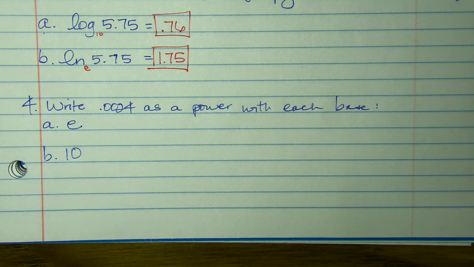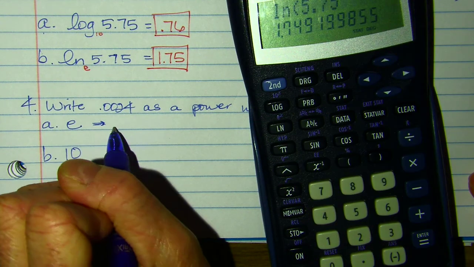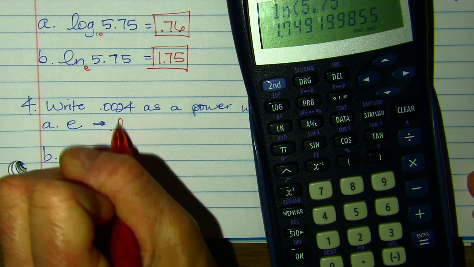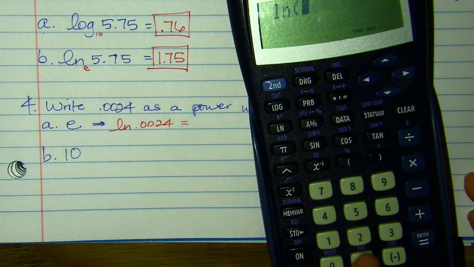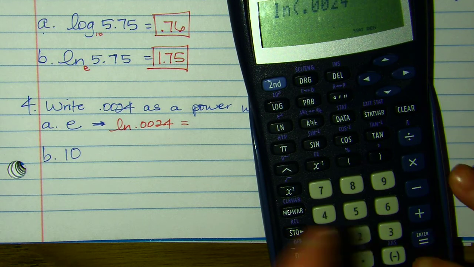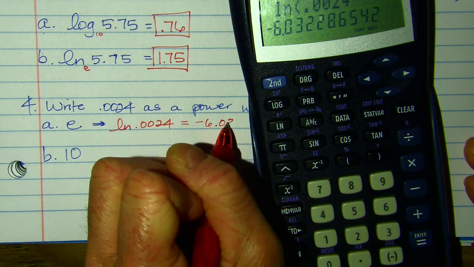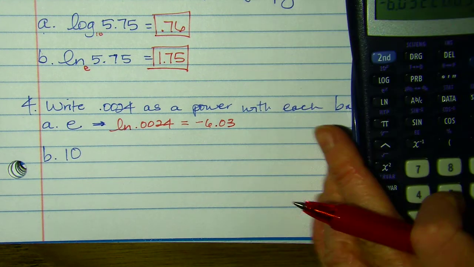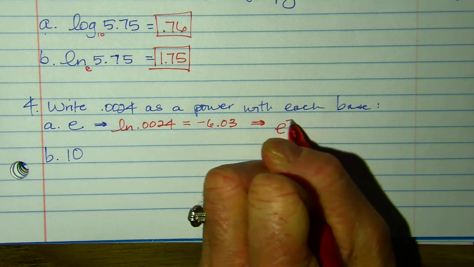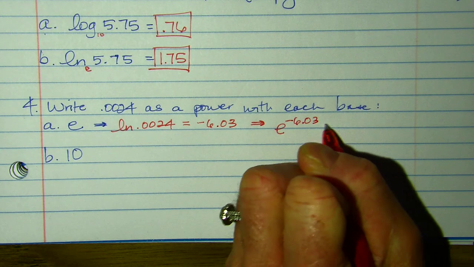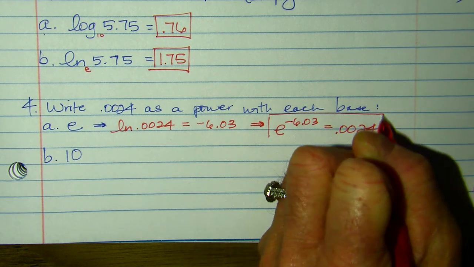All right, so using a calculator, I'm going to enter the natural log of 0.0024, and I'm going to write down what I get. Okay, and then I'm going to rewrite that so it's in exponential form. So e to the negative 6.03 equals 0.0024. And that is my answer.